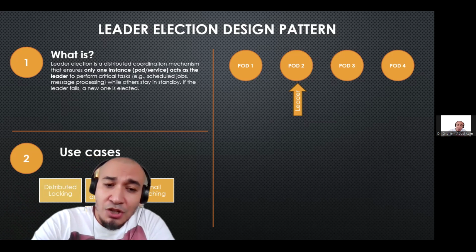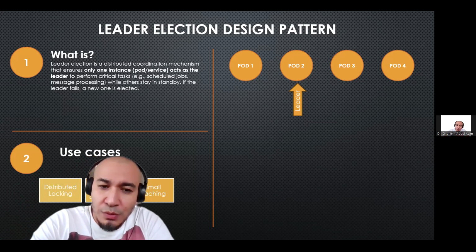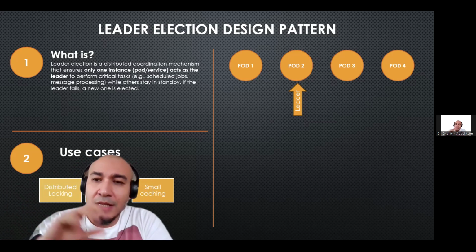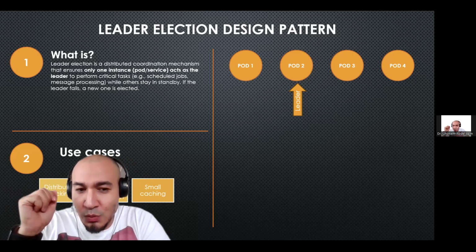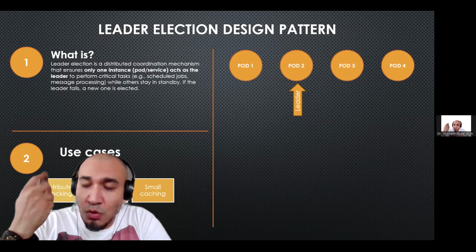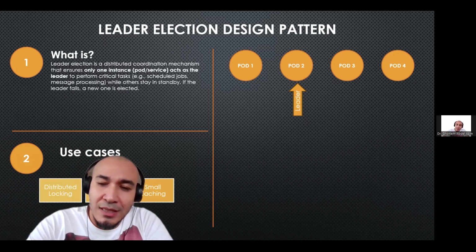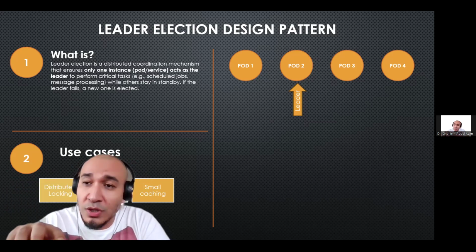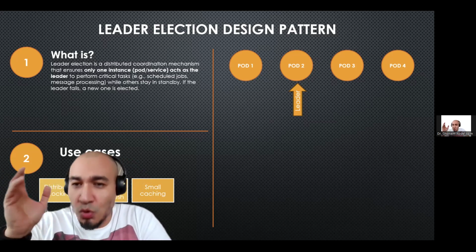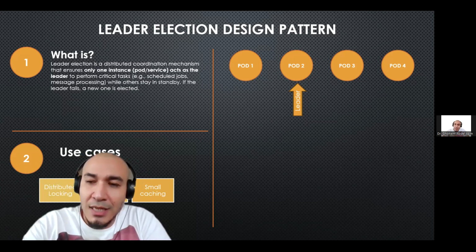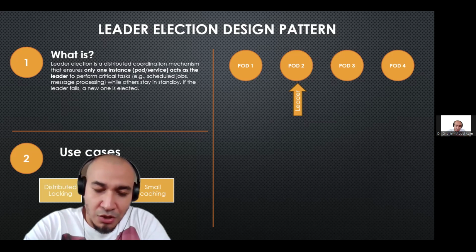Number 2, the caching warm-up and refresh. What do we mean by the caching warm-up? The instance that takes the responsibility for pushing data to the cache, and the refresh also, the pod that takes the responsibility for the eviction and the update of the cache, in order also to have only one instance for the implementation.